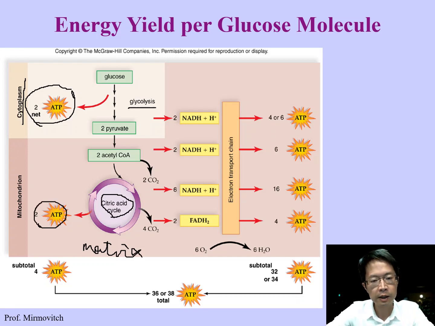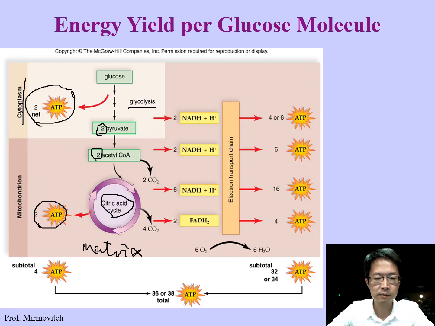Again, at the end of glycolysis, we make 2 pyruvate. 2 pyruvate become 2 acetyl-CoA. And then each acetyl-CoA goes to 1 citric acid cycle. Therefore, each citric acid cycle produces 1 ATP. Because we have 2 acetyl-CoA, therefore we have 2 citric acid cycles occurring simultaneously. Then we have 2 ATP made.